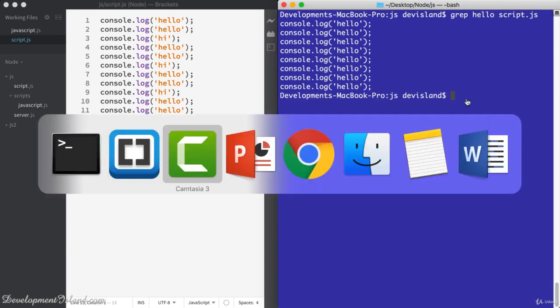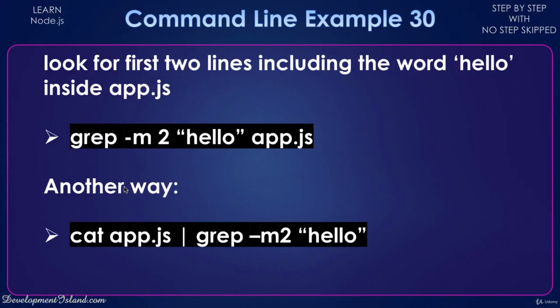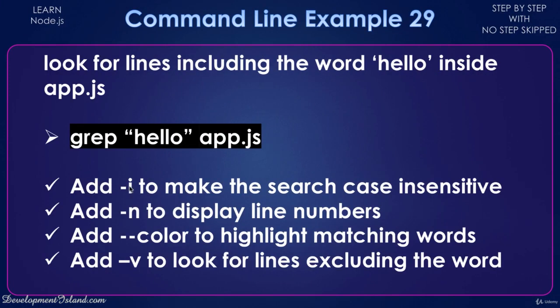Now you can add some options to your command. So you can make the command case insensitive using -i. You can display line numbers using -n. You can highlight matching words using the color option with double dash. And you can also look for lines excluding a certain word using -v.